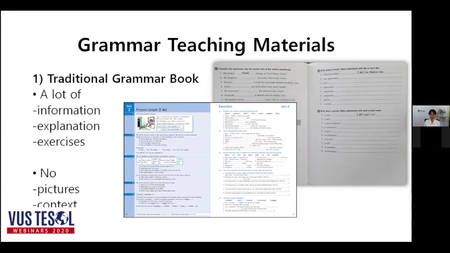A lot of us use grammar books like this, especially for higher level. Do you use something like this for grammar? Yes, I'm sure many of you use this kind of book. This is a very traditional grammar book. I see a lot of yes.